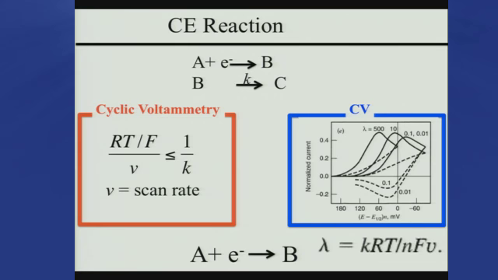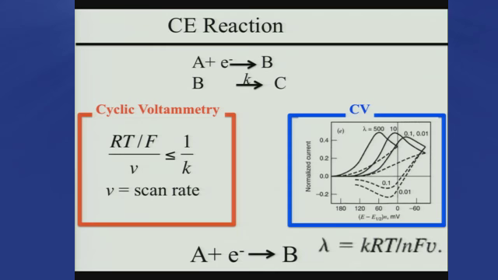So this has dimensions of seconds, volts over volts per second. And I compare that, that's how fast I'm going up and back here, to the lifetime of the species, which is generally, if it's a first order reaction, 1 over k, where k is the rate constant for this reaction.